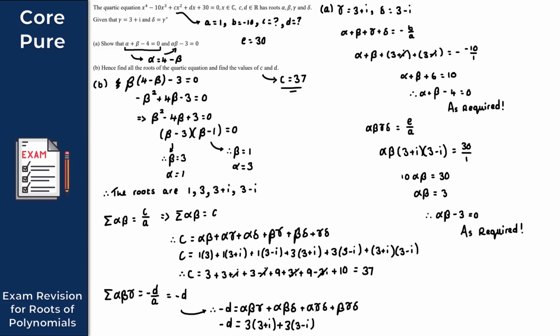I've got alpha times gamma delta here. That's just going to be 1 lot of this here. So plus 3 plus i times 3 minus i. And then finally, we get 3 lots of this again. So 3 lots of 3 plus i times 3 minus i. Okay.